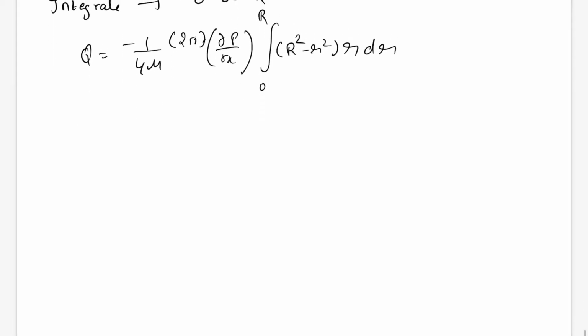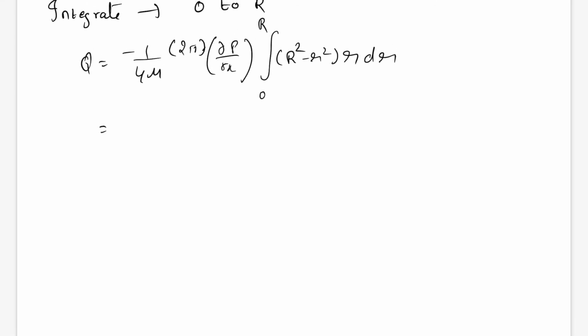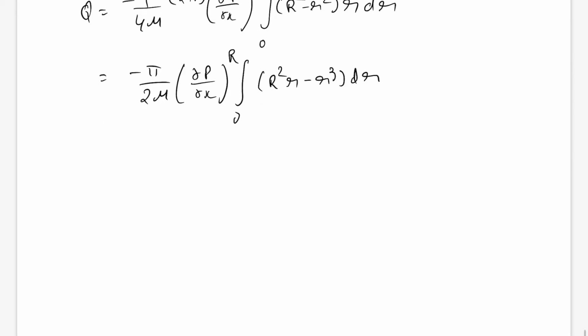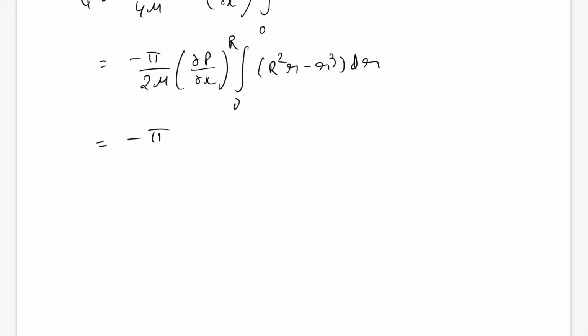Now we'll go slowly, we'll see how the derivation goes. It is equal to minus pi by 2 mu into dou p by dou x, integral of 0 to R limits, capital R square r minus small r cube dr. What will come?